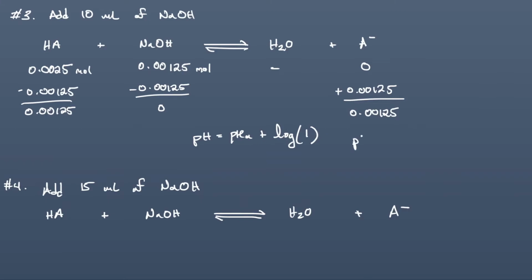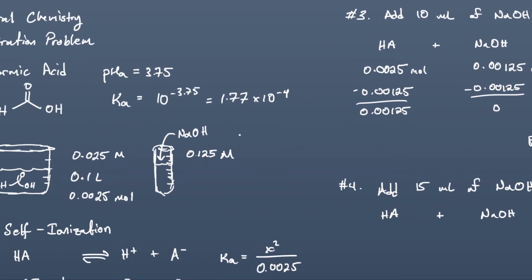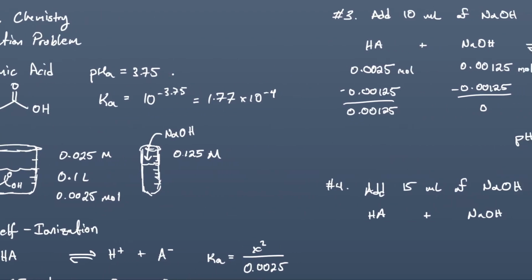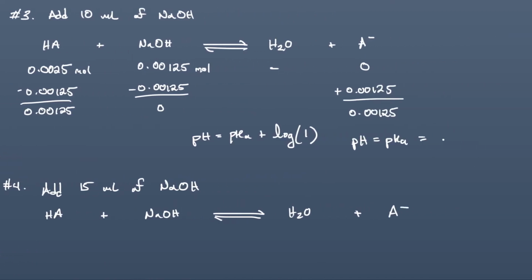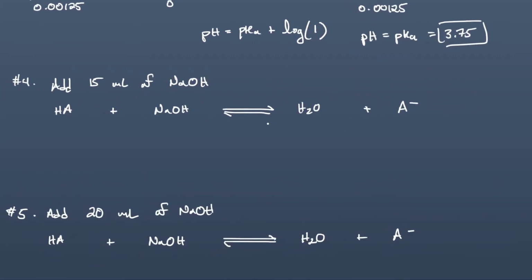So in this case, the pH is equal to the pKa. Interesting. And we remember that our pKa value is 3.75. That's our next y coordinate. So we're slowly creeping up.